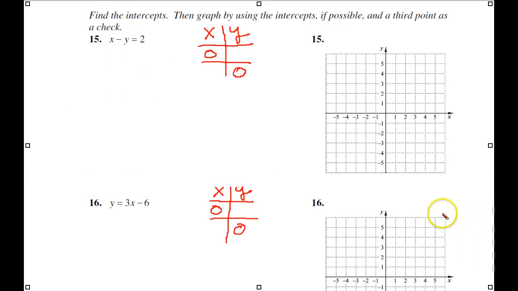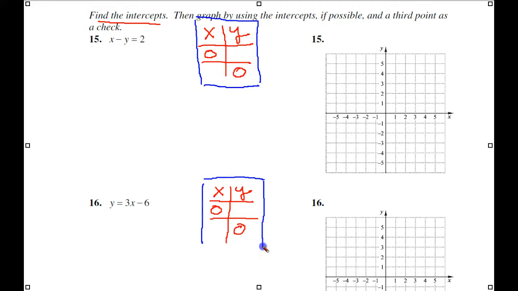Now in this next part, we're asked to find the intercepts. Well, I'm going to suggest that you use a new kind of t-chart. It's similar to what we've been doing, but I give this t-chart a special name. I call it the X and Y intercept t-chart.